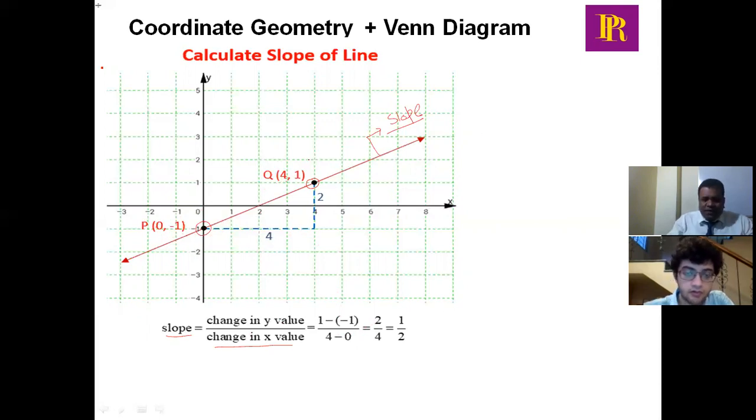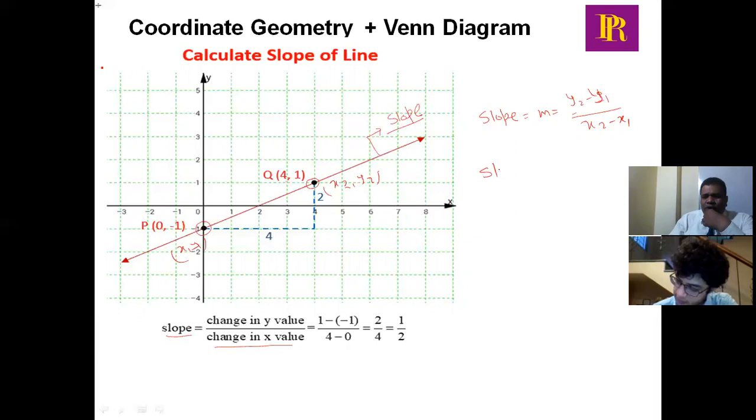Generally, if this point is given as x1, y1 and this as x2, y2, what is the slope? We use the notation m for slope: m equals y2 minus y1 divided by x2 minus x1, right?